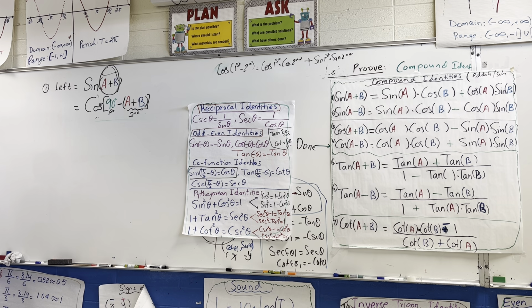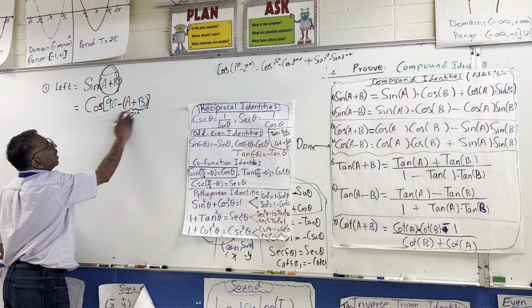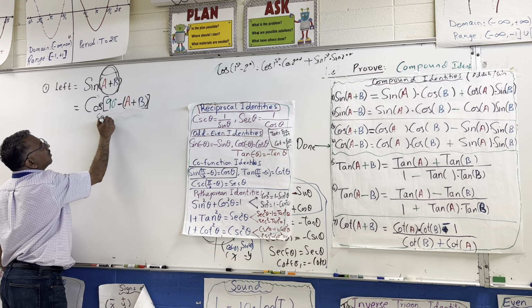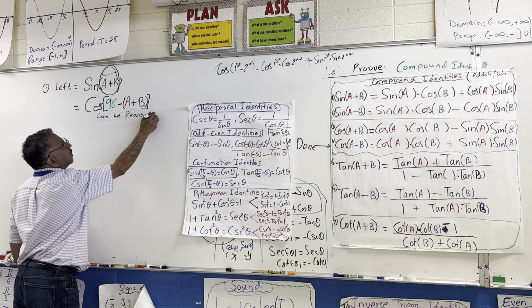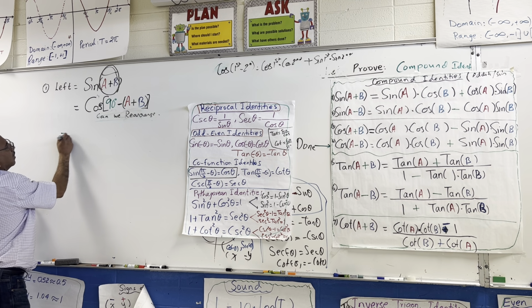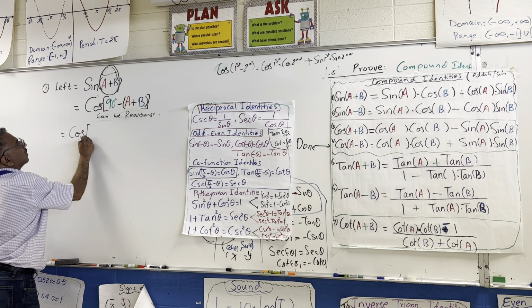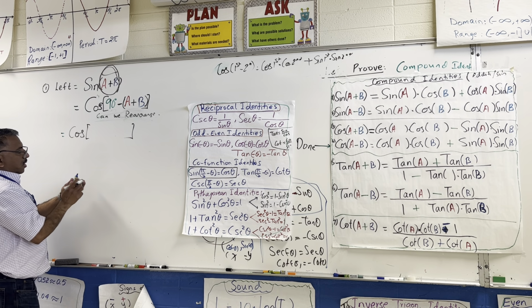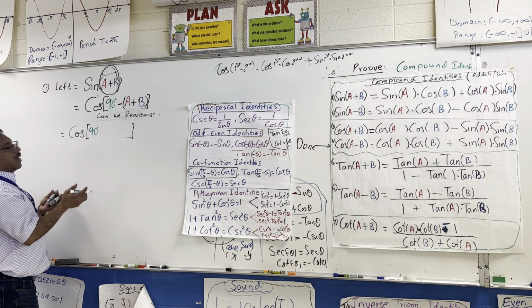But before that, it won't help us directly. Can we do some rearranging? Before even applying it, I want you to think, can we rearrange this? Open the parenthesis, what do you get? So this is cosine, everything stays the same. The 90 degrees stays the same. I'm opening the parenthesis, okay?